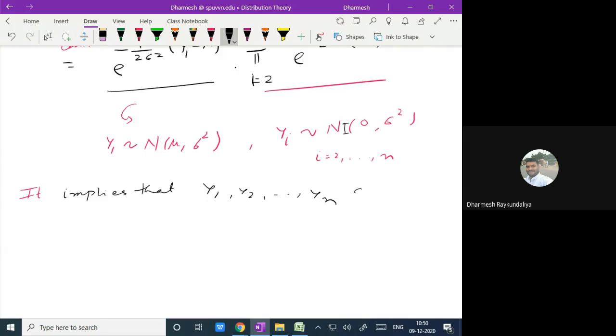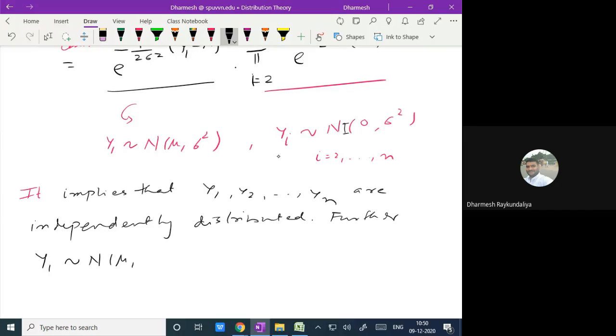That is, y1, y2, yn are independently distributed. Further, y1 is distributed as normal with mean mu and variance sigma square, and y2, yn are distributed as normal independent with mean 0 and variance sigma square.